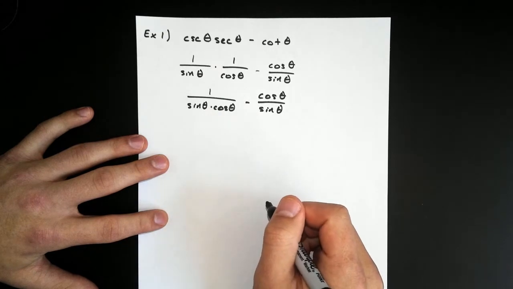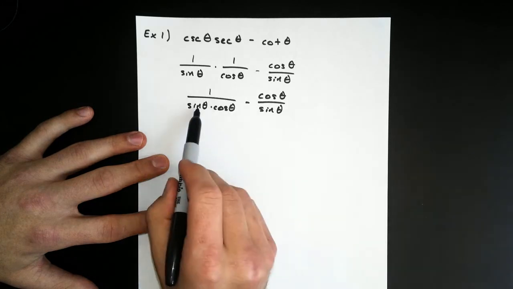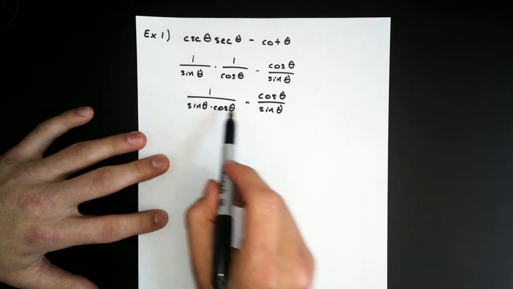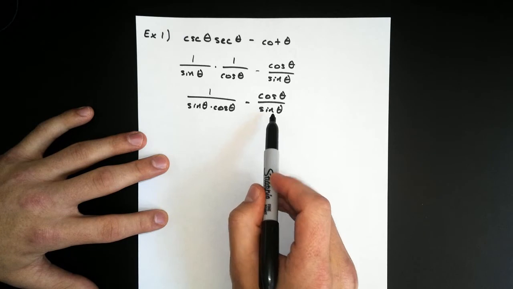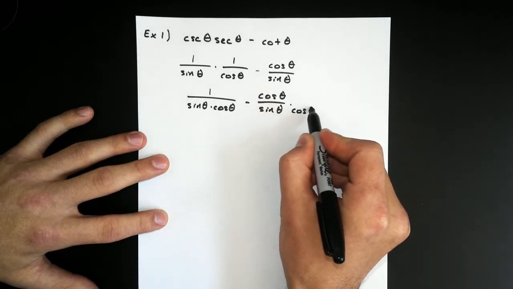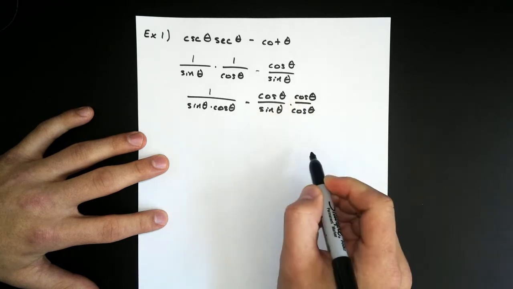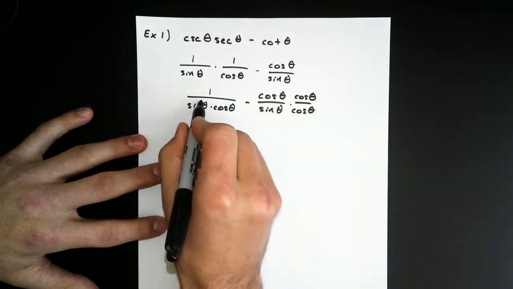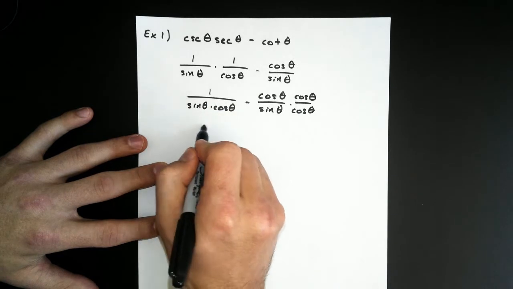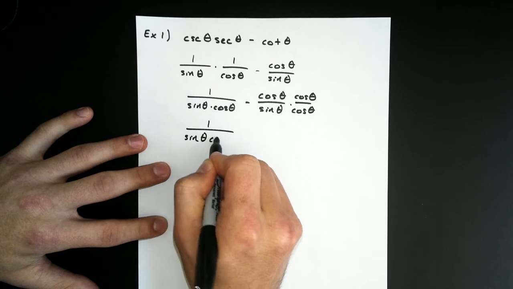To do that, we do need a common denominator. So this one has a sine and has a cosine. My second fraction just has a sine. So let's multiply top and bottom by cosine to get that common denominator. Okay, so 1 over sine and cosine.